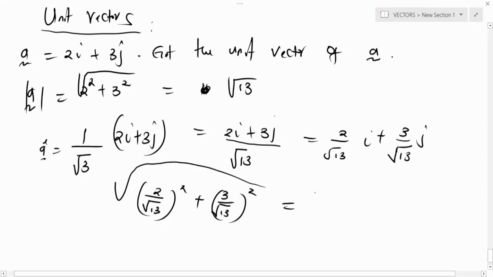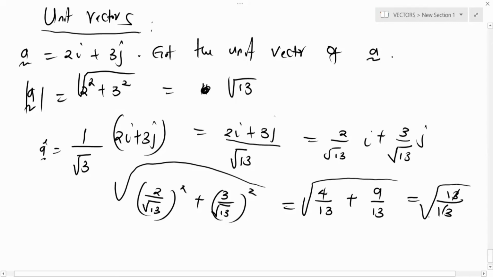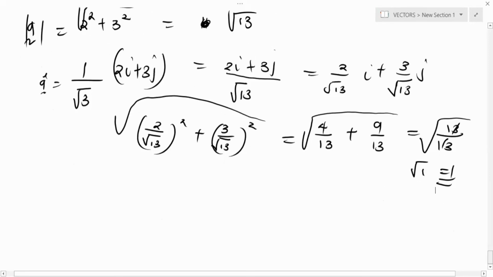We will have 4 over 13 plus 9 over 13, square root of that. Since they are both over 13, we'll have 9 plus 4 over 13, which gives us the square root of 13 over 13. This and this will give 1. The square root of 1 is 1. So that's how you go about getting the unit vector. You get the modulus and then divide the vector by its modulus.